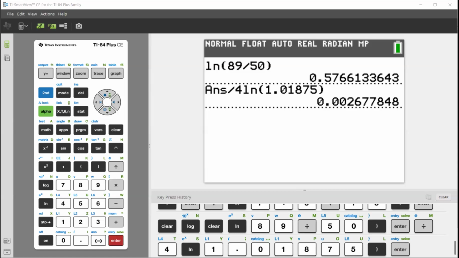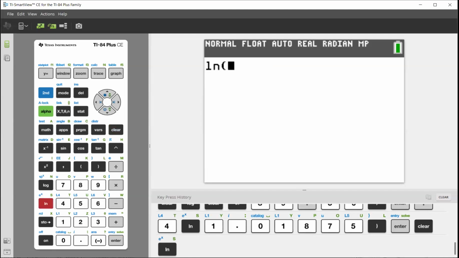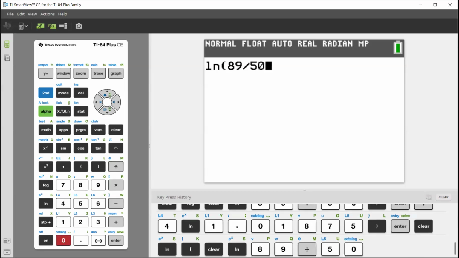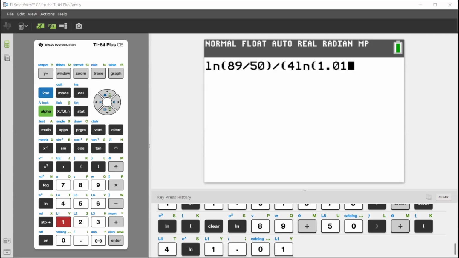Let me try this again. ln of 89/50, divided by, in parentheses, 4 times ln 1.01875.